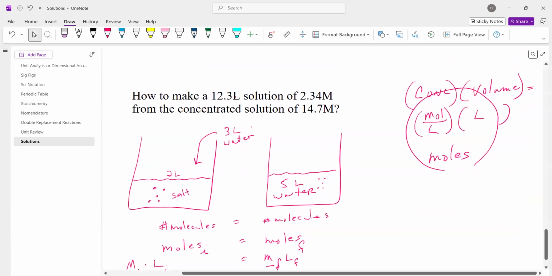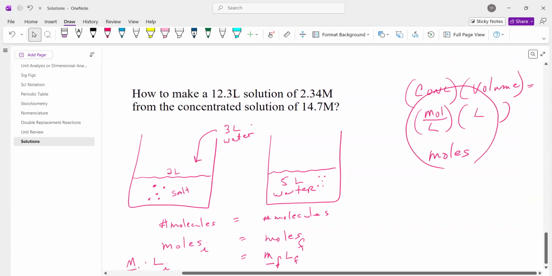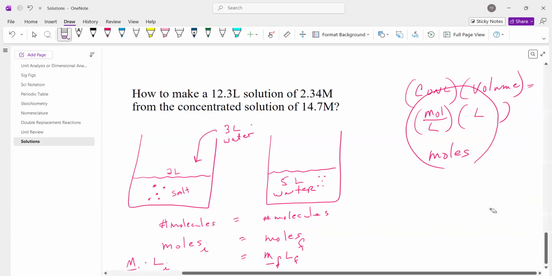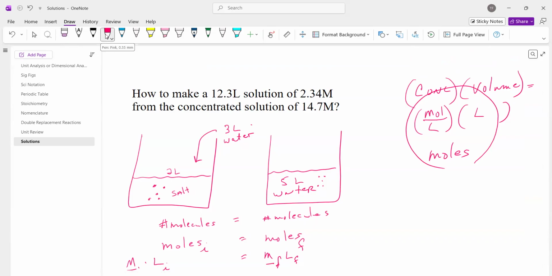Okay, so our final volume is, in this case, unknown. Excuse me, not the final volume, the final volume is going to be 12.3. What we don't know is the initial volume of the concentrated stuff. So we know the initial concentration is 14.7.